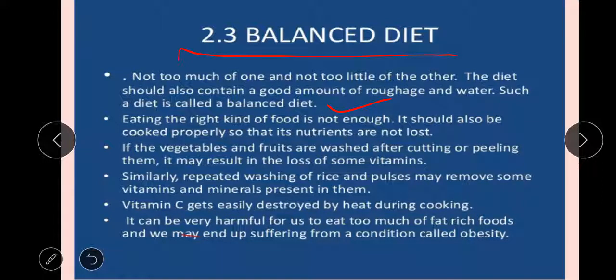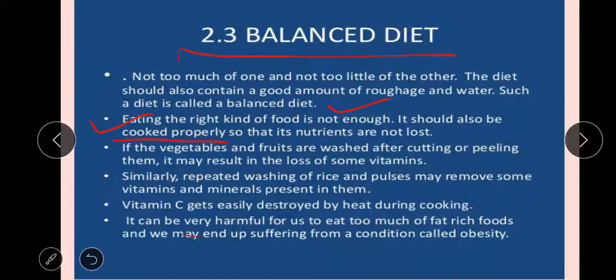Eating the right kind of food is not enough. It should also be cooked properly so that its nutrients are not lost. If we cook the food at high temperature, then its nutrients will be lost. Hence, this is not a type of balanced diet. If the vegetables and fruits are washed after cutting or peeling them, it may result in the loss of some vitamins.